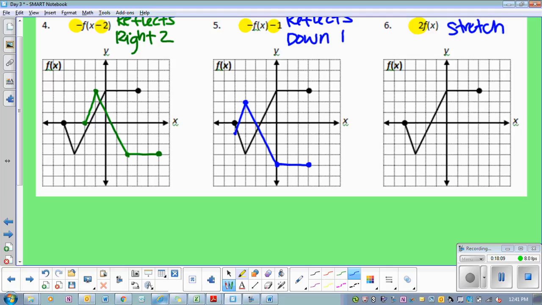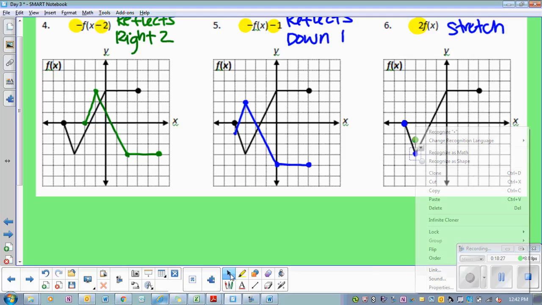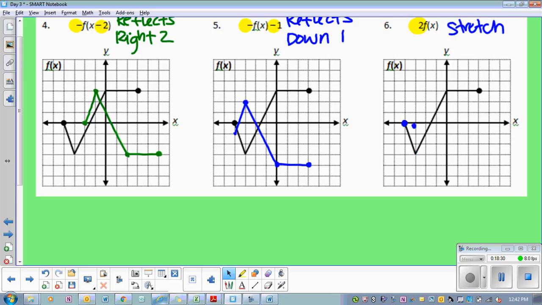Okay. So you see this guy right here? It's right on the x-axis, right? So that's 0. What's 0 times anything? 0, so leave that one alone. Okay? Look at this guy. How far is this point from the x? 3. Yeah, it's 3 down, right? 1, 2, 3 down.